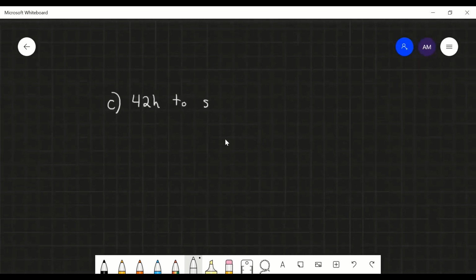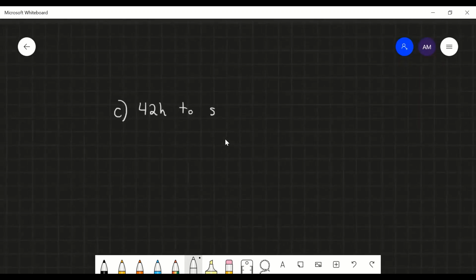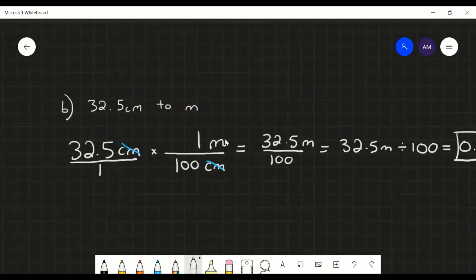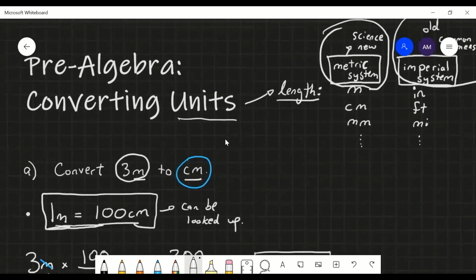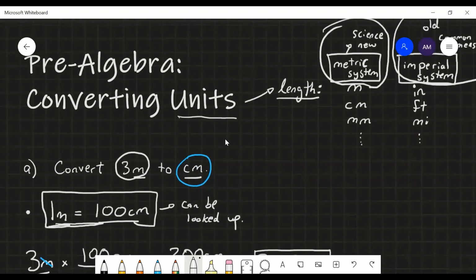Next question. So this time I have H, which stands for hours, and S, which stands for seconds. I mentioned above that units could mean units of length, but that was only part of the story. A unit could be a length, a time, a mass, a lot of things.